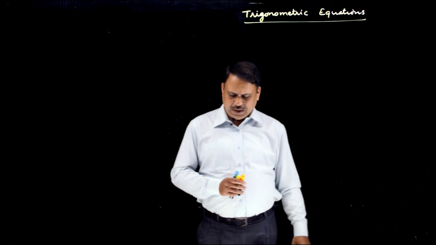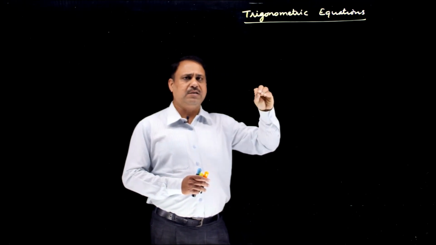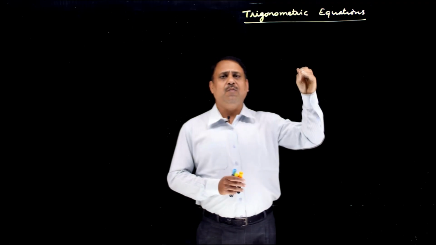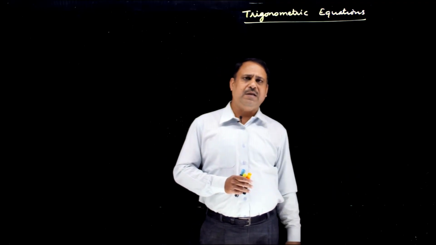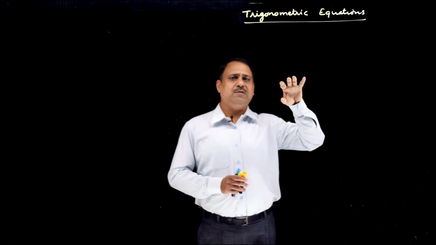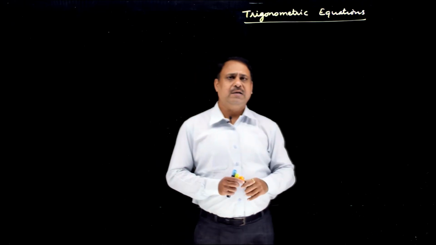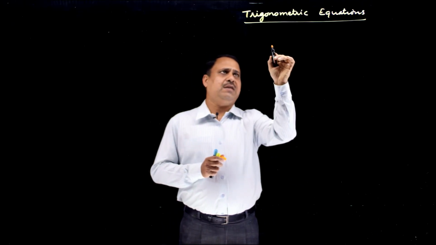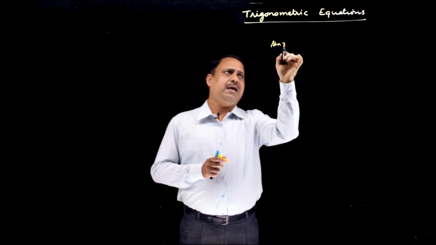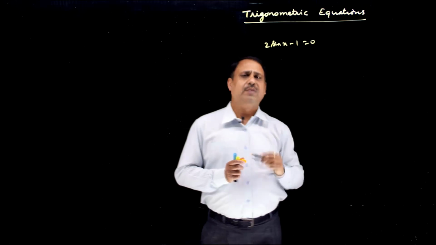So these are equations involving one or more trigonometric functions in one or more variables. Instead of one variable, there may be two variable, three variable. So those type of equations where I deal with the trigonometric functions are called trigonometric equations. Some simple, basic examples can be like 2 sin x minus 1 is equal to 0.